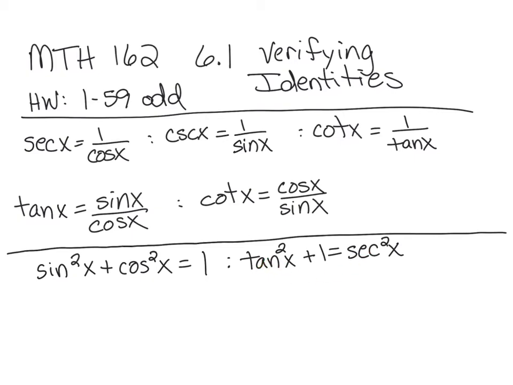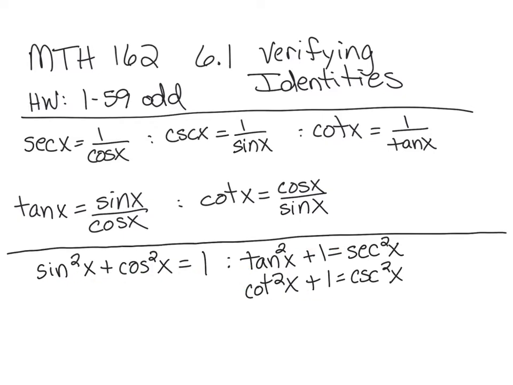The other one, if you divide through by sine squared, you see that cotangent and cosecant are in the same family because they both have sine in the denominator. So the other form of this is cotangent squared plus 1 equals cosecant squared. You see that both of these identities have the same form, where the ratio of sines and cosines squared, everything is always squared in these, plus 1 equals the reciprocal of the sine or cosine squared. Okay? All of this is derived from this.